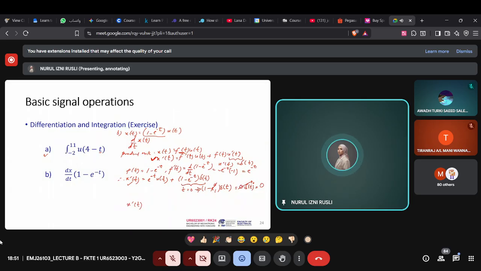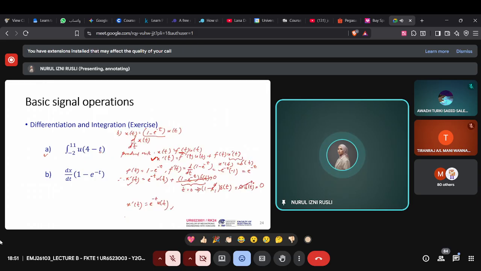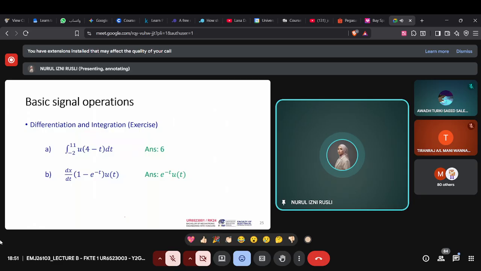In this case, x prime t, which is dx over dt, is equal to exponential minus t u(t), because the other term is basically 0. So that's the answer, exponential minus t u(t).